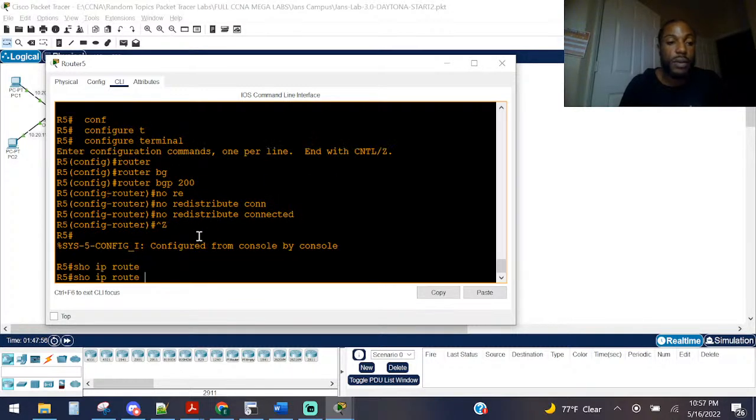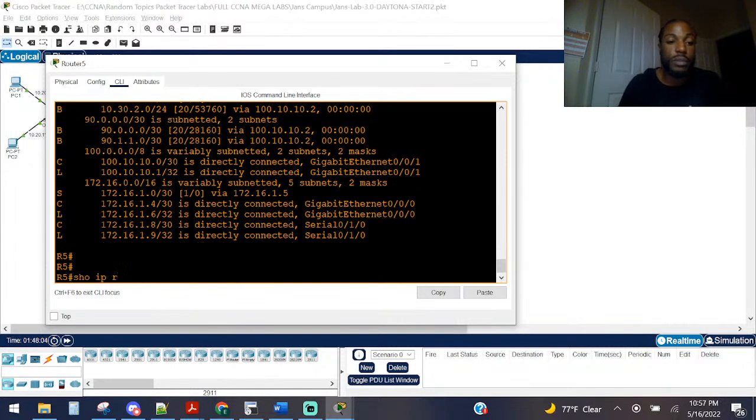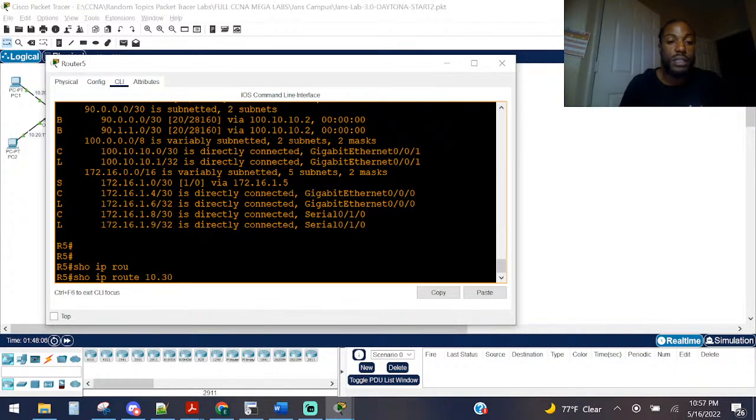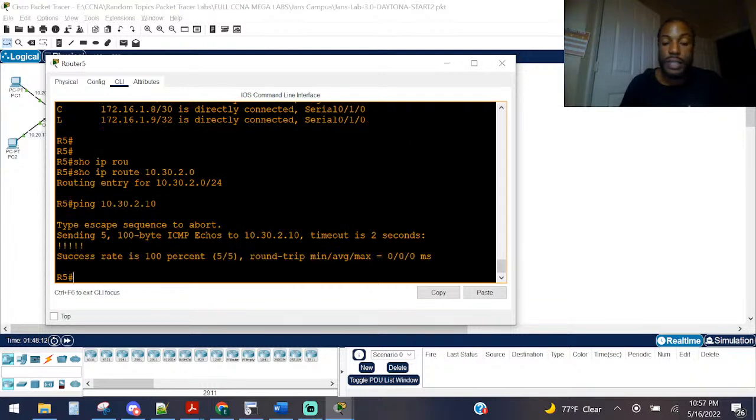How does that impact my routing table? Not much. I still know how to get to the 10.30.2.0 network. Show IP route. I can ping 10.30.2.10. I can still ping that laptop that sits in that city.